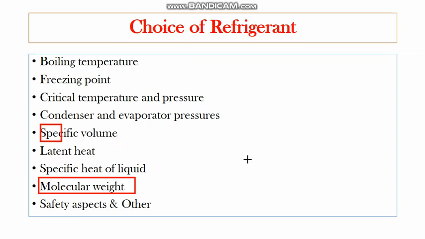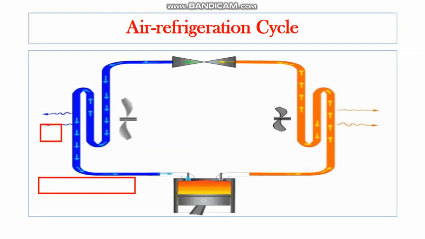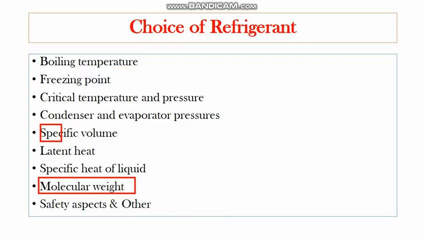Again, as I told you, there are two types of compressor, the centrifugal compressor and the reciprocating compressor. So based on the compressor you can consider the molecular weight of the refrigerant.